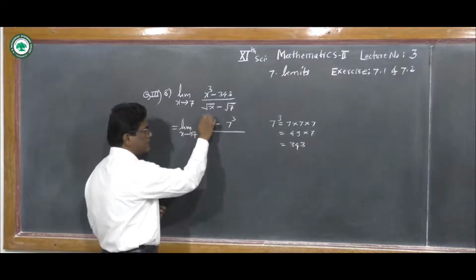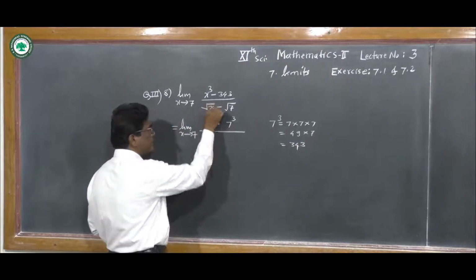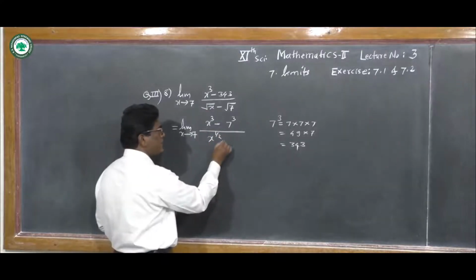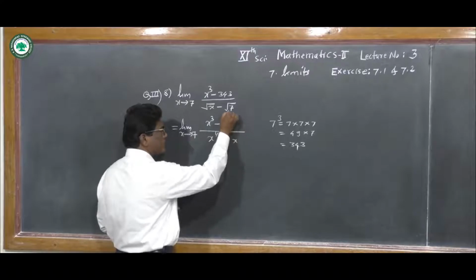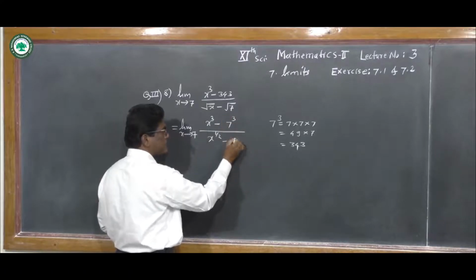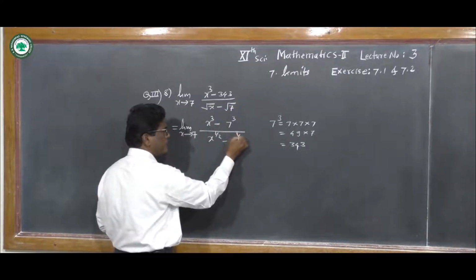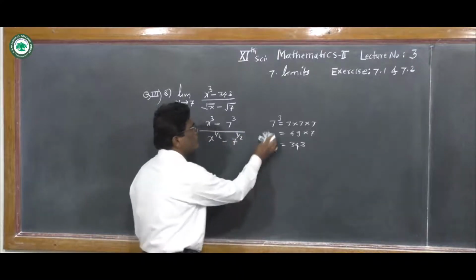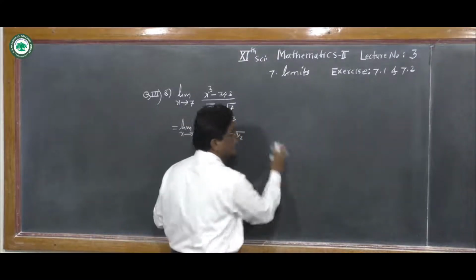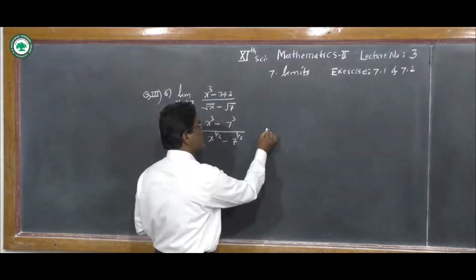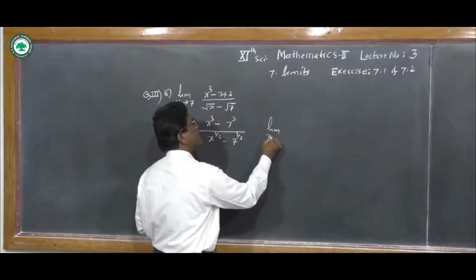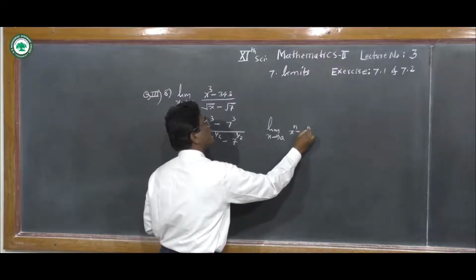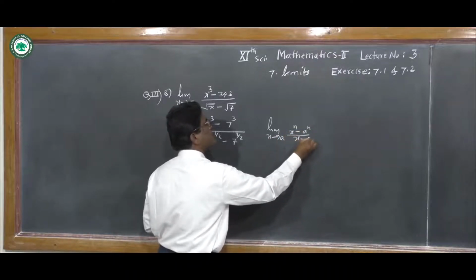Similarly, in the denominator we write the square root as x to the power half minus 7 to the power half, so take power 1/2. And now we have seen one important formula in the previous lecture: limit as x tends to a, x to the power n minus a to the power n divided by x minus a.